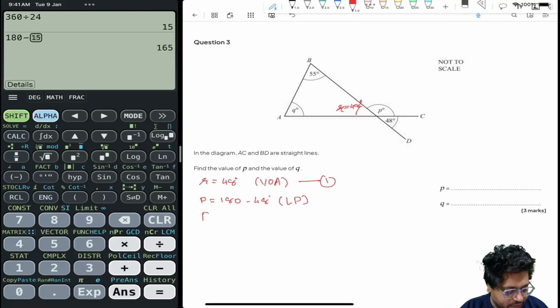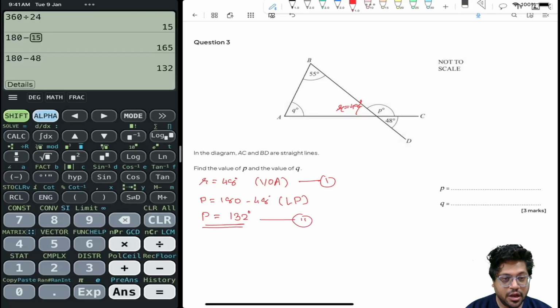So P will be 180 minus 48. Let's do it on the calculator. 180 minus 48, that is 132. So P you already got, that is 132. Clear? Now you see P is an exterior angle of this triangle. Let's say this point is E. So it's an external angle for ABE.